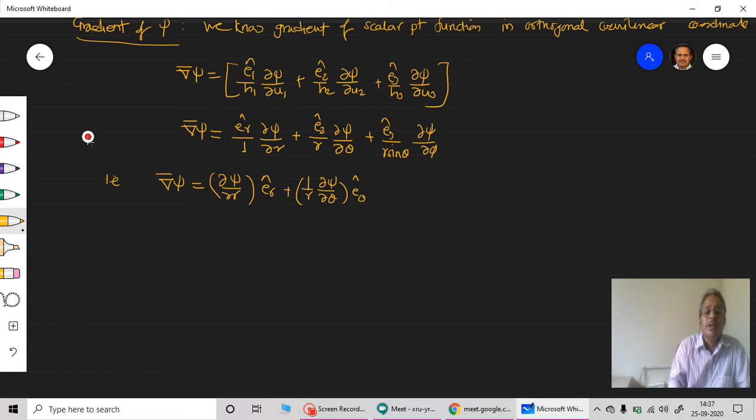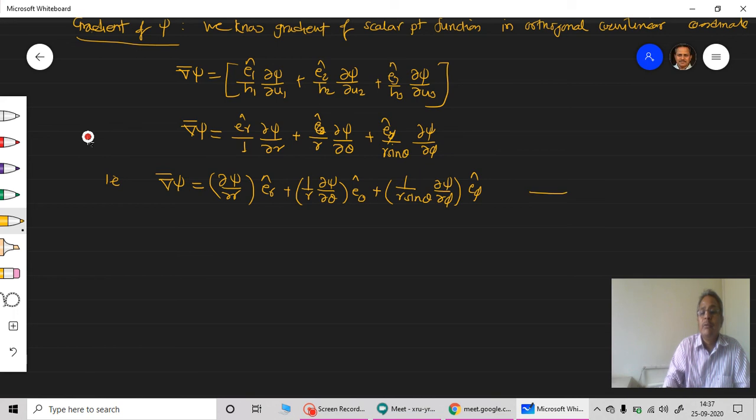Actually I would have written here e_r, e_theta and e_phi, not e1, e2, e3. So this is e_theta cap, and the last term is 1/(r sin theta) into ∂psi/∂phi multiplied by e_phi.